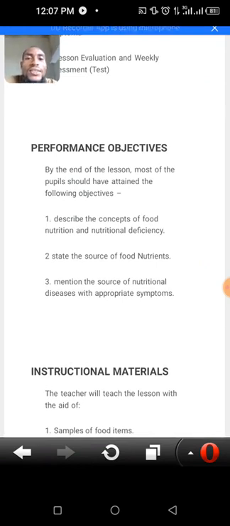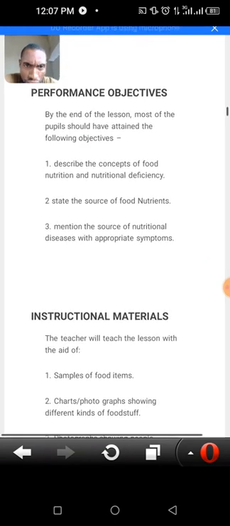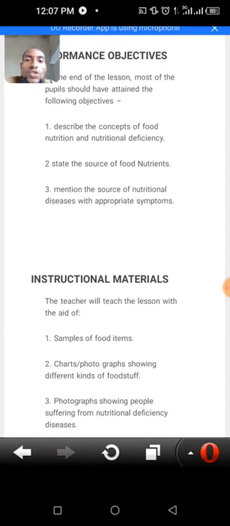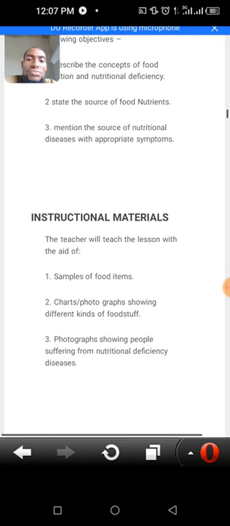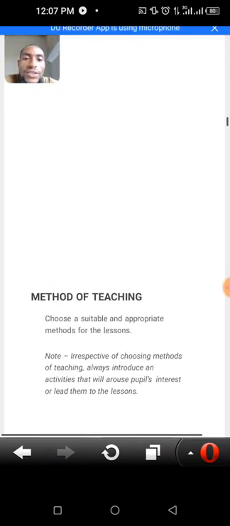By the end of the lesson, you will understand the concepts of food nutrition and nutritional deficiency. Two, you have to state the source of food nutrients. Then thereafter, you have to mention the source of nutritional disease with appropriate attentions. Right? So, let us dive into the topic.